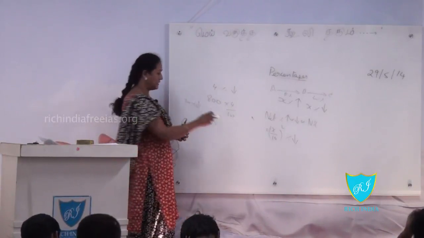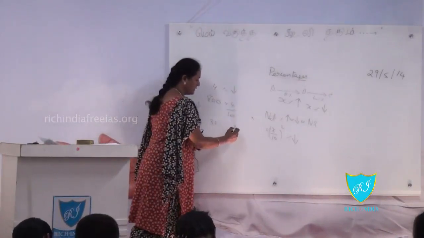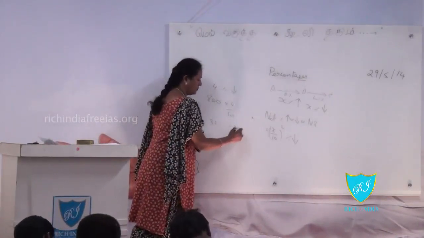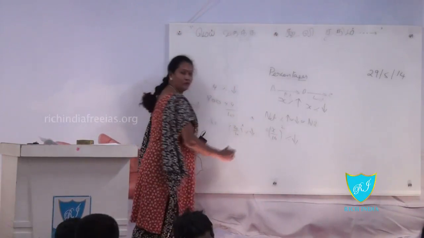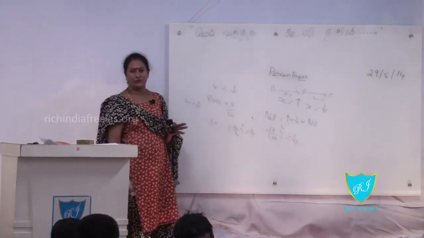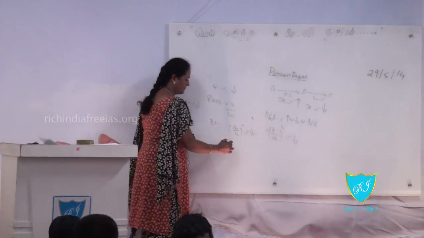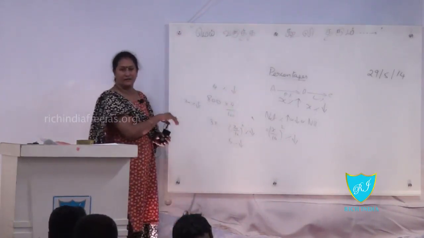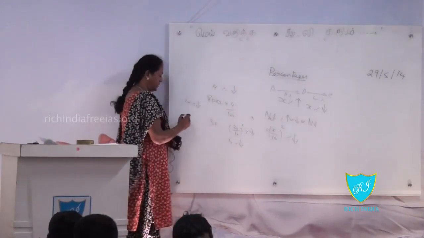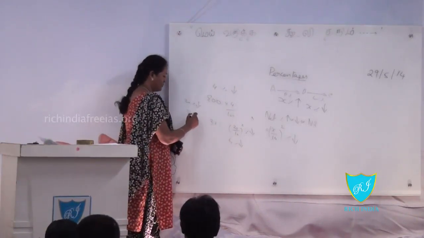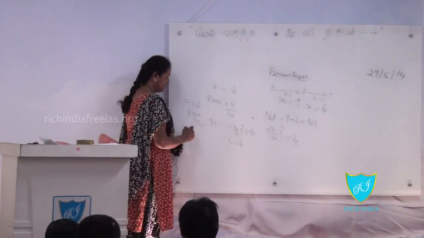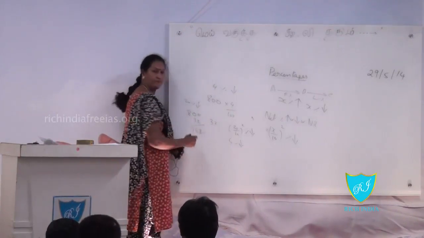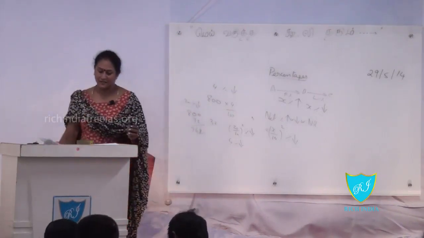So 20% increase, 20% decrease, it is 20 by 10 the whole square percent decrease value, which is a 4% decrease. So what is 4% of 800? 32. On that you subtract 32. Okay, 768 is the answer.